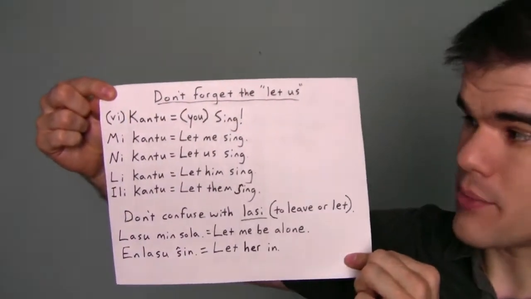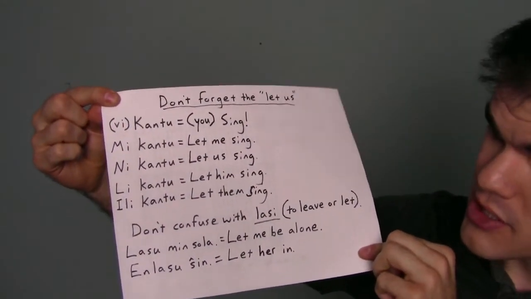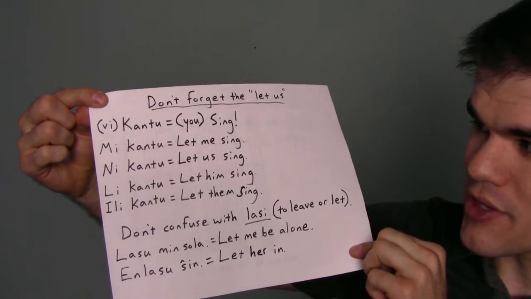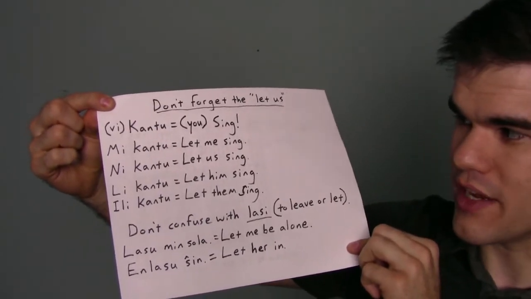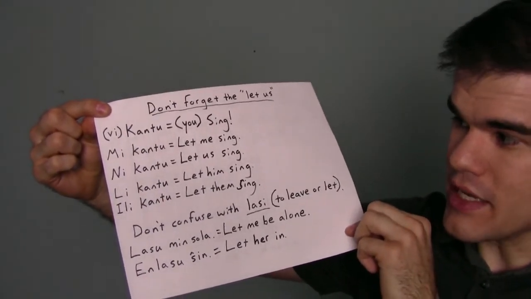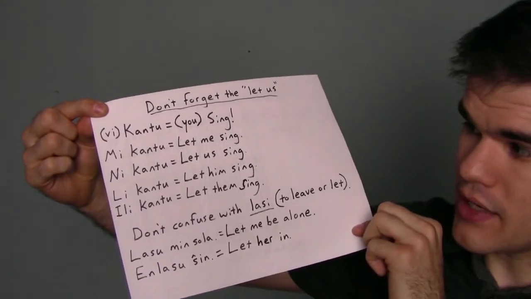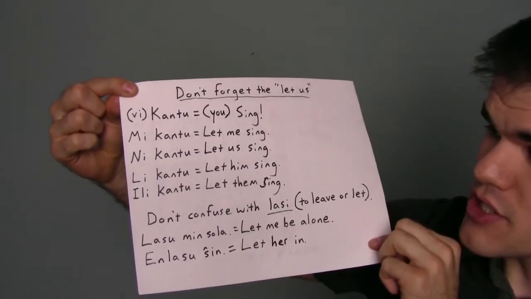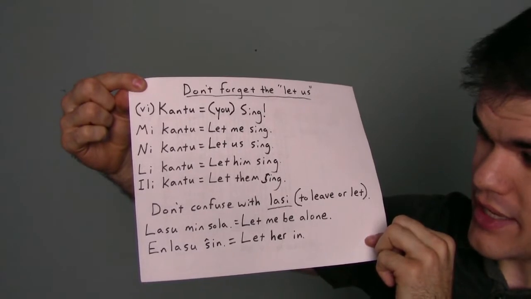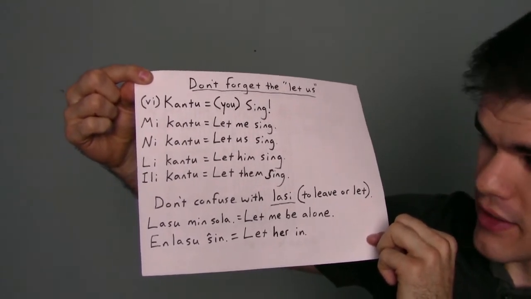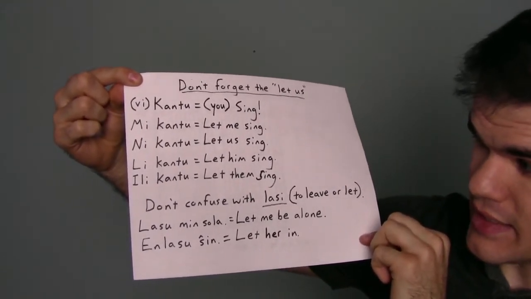Here are some examples. Vi cantu. We already talked about how you can leave the V in there or you can take it out. So sing, or you sing. But if I want to say let me sing, you just say mi cantu. If you want to say let us sing, you just say ni cantu. Let him sing is li cantu. Let them sing is ili cantu.